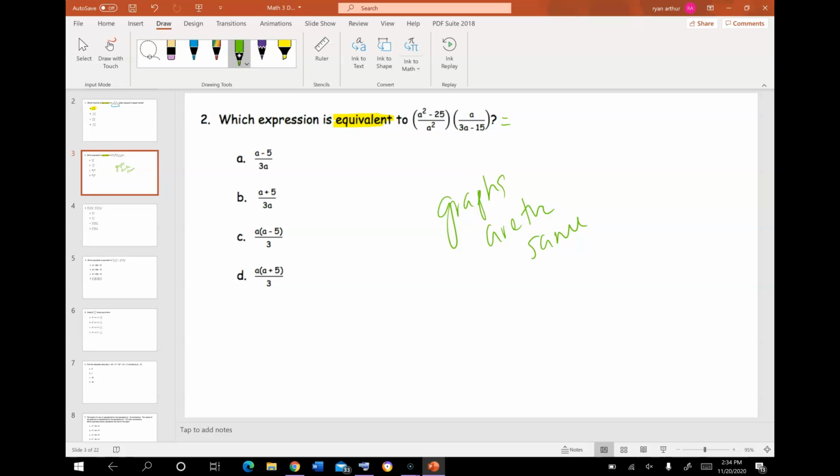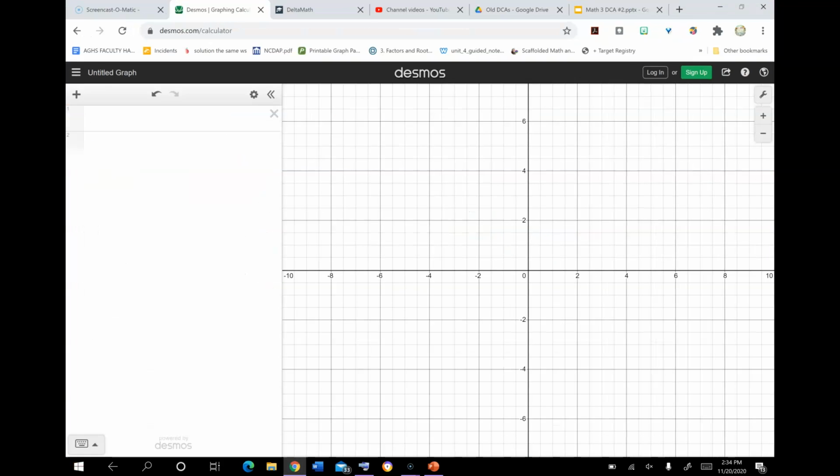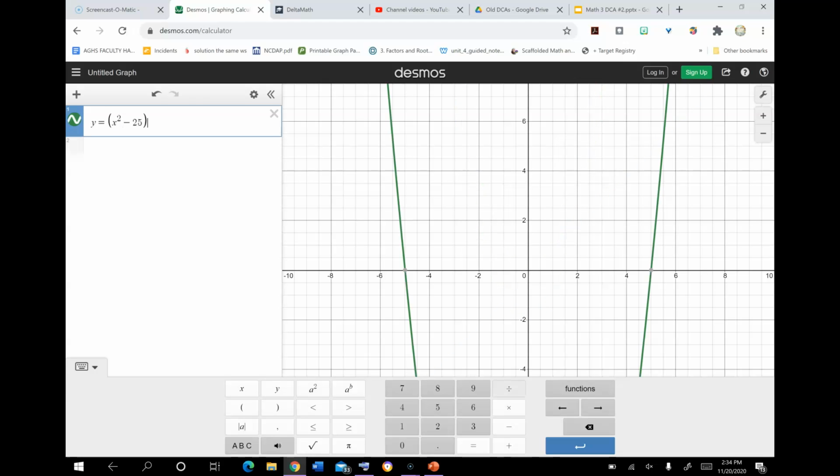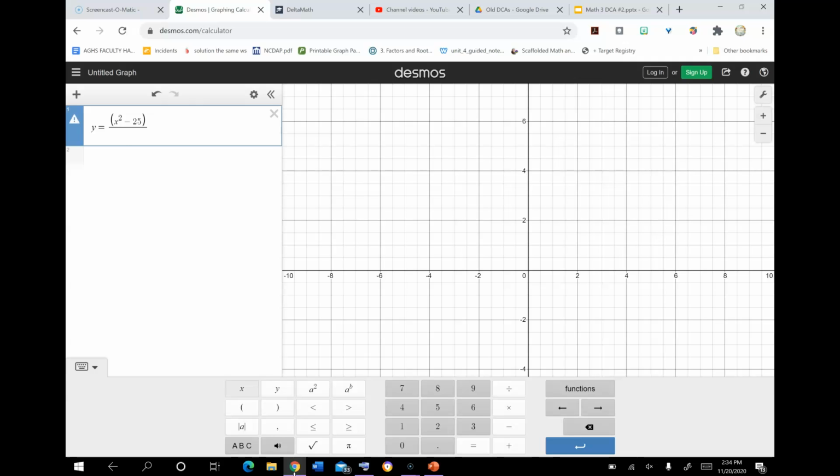Now see how it says A? Instead of typing A, we're going to type x. So this is going to be y equals parentheses x squared minus 25 divided by x squared. Tab over because this is a multiplication, so we're going to multiply by the next one, and it was x, close it, divided by 3x minus 15. I need to figure out which answer choice is the same.